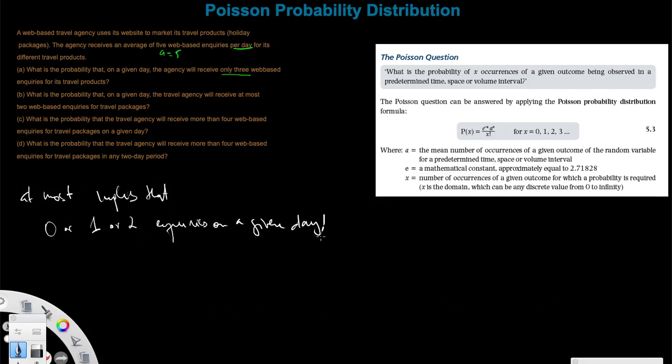And these events are obviously mutually exclusive. They cannot all happen at the same time. It's either 0, 1, or 2, but at most here is 2.